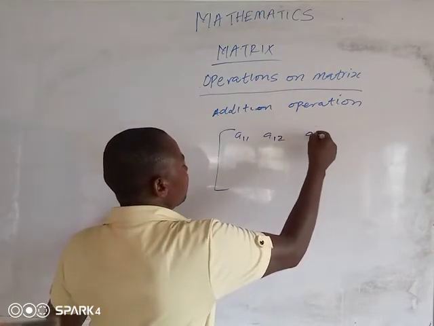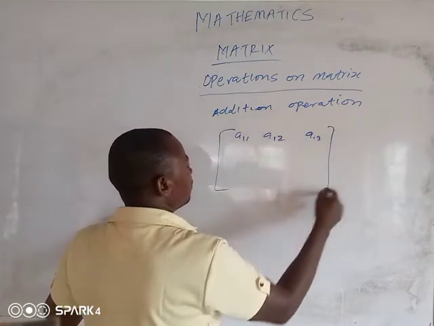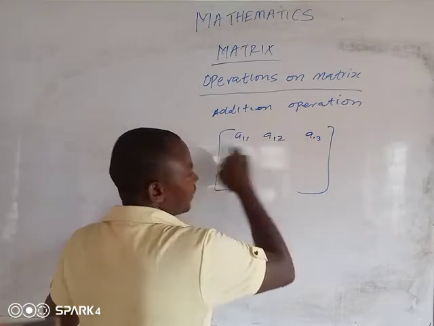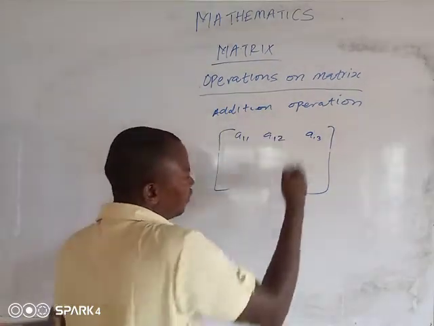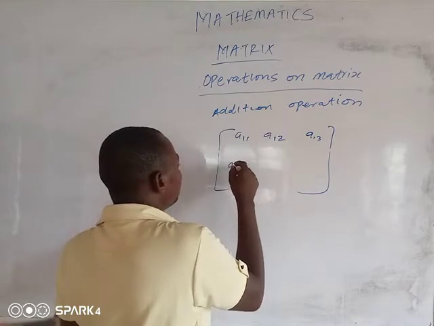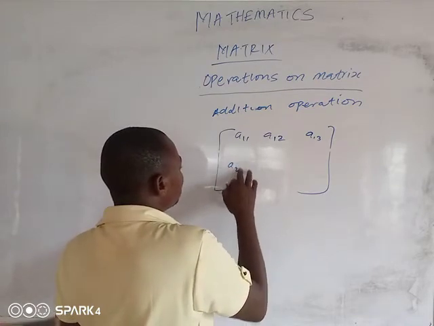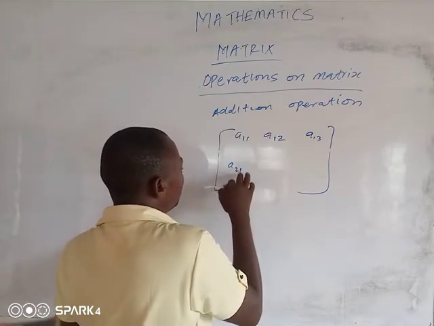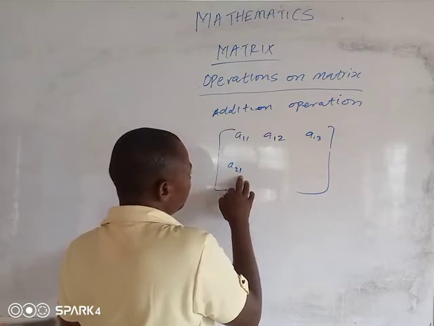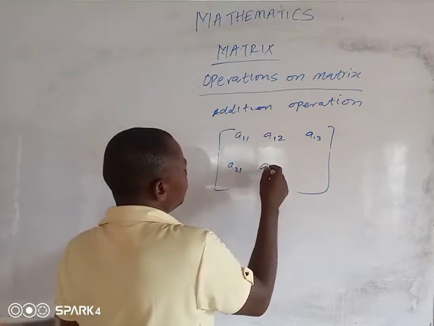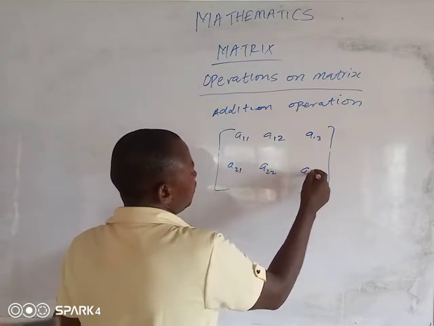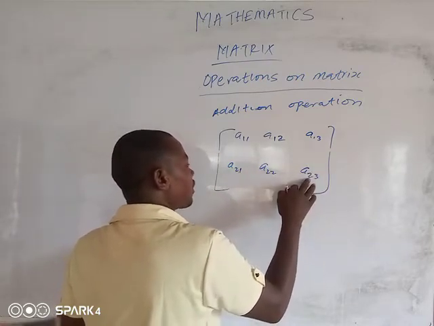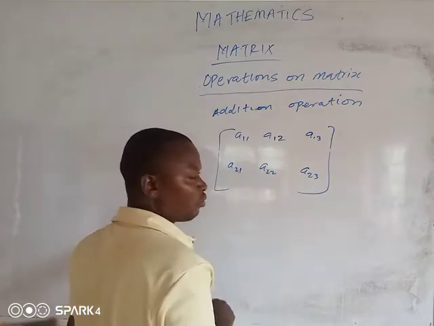We have A13, the first row, third column. So column is in this form. So this one is A21. That is second row, first column. So we have A22, second row, second column. We have A23, second row, third column.